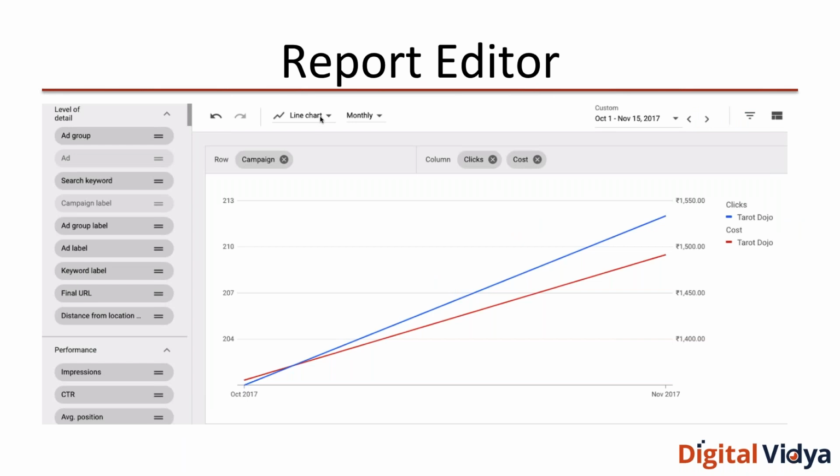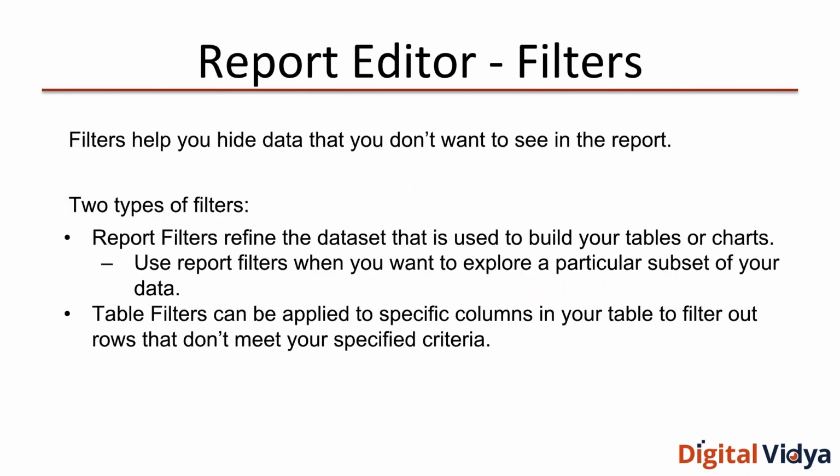I can select a line chart, in which case in a line chart, I need to select 3 metrics. So I chose campaign as the row, clicks and cost as the column. So from October to November, this is the time period. The red line will show cost for the campaign, blue line is showing the clicks for the campaign, but it is presented in the form of a line chart.